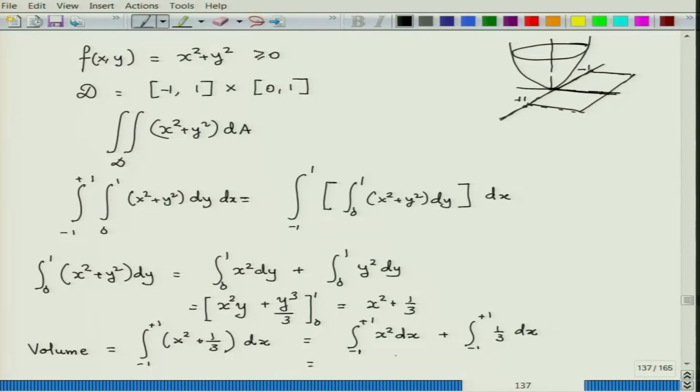So, here if I integrate, I will have x cube by 3 plus x by 3.